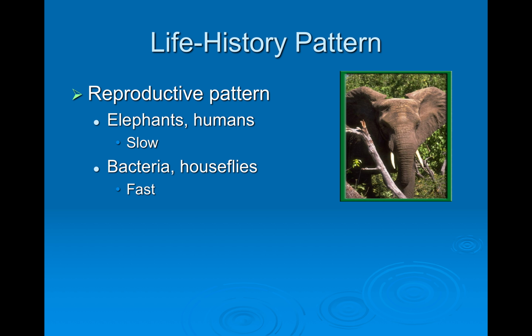The ideal is to have just a few offspring, and we're going to take very good care of them. Okay, human babies aren't ready to go out on their own when they're born, so we take care of them, we feed them, we change them, we make sure they go to school, we make sure they get educated, we make sure they go to college, and get married and have offspring of their own. That's how we make sure our genes are carried on.